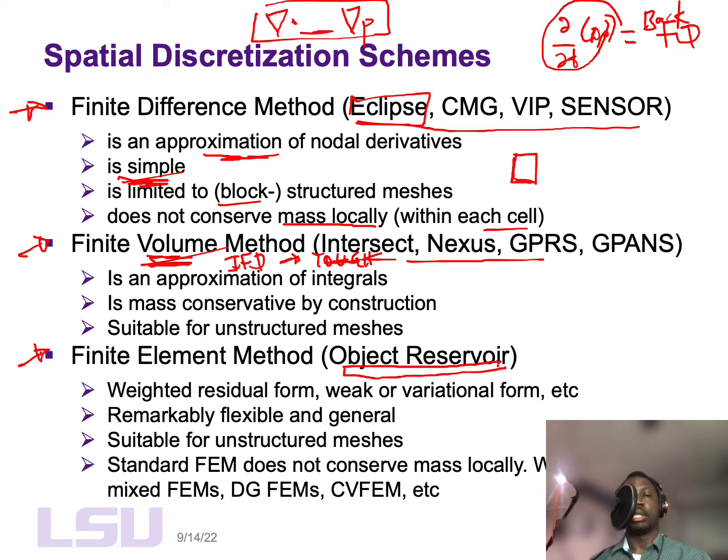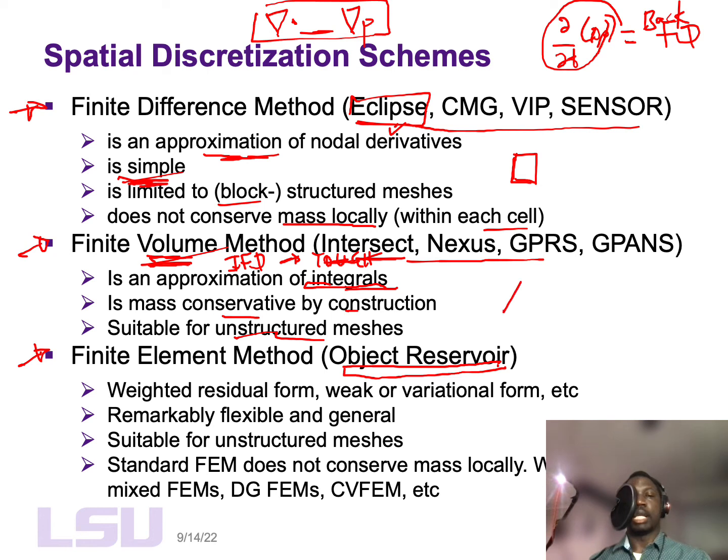So Intersect is like the next generation of Eclipse, and that is based on the finite volume method. It uses an approximation of integrals. So you basically integrate the partial differential equations. It is mass conservative by construction.